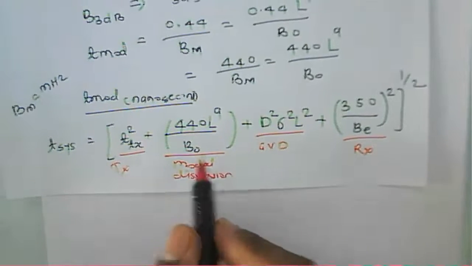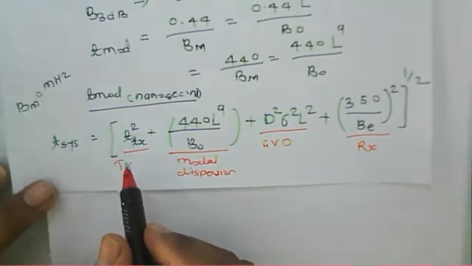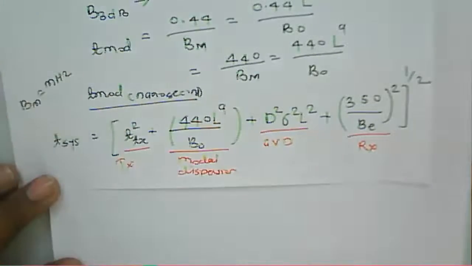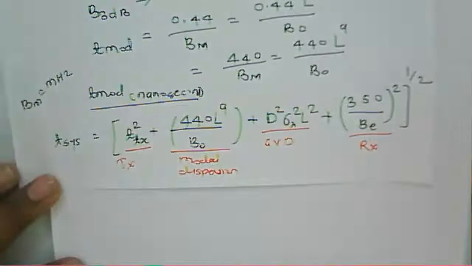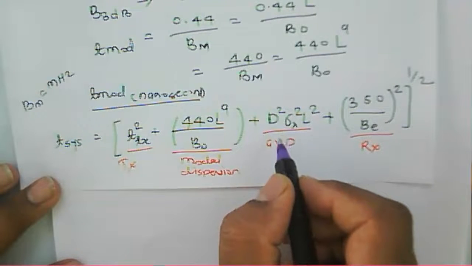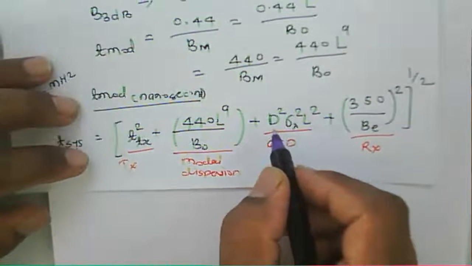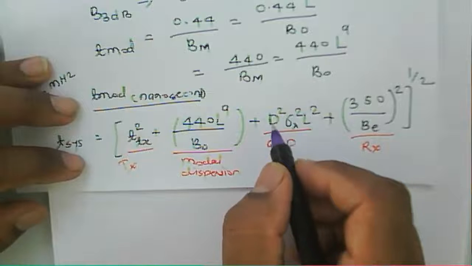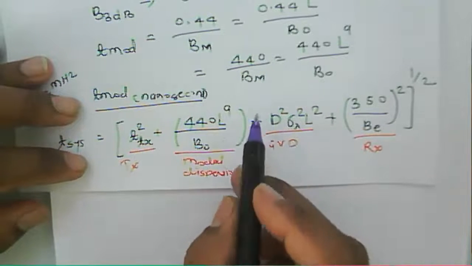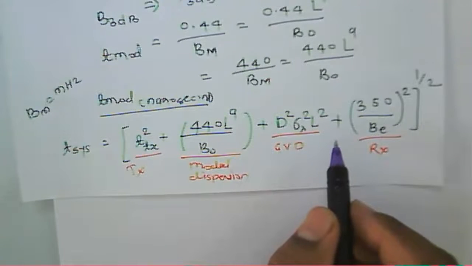All the times here are expressed in nanoseconds. This sigma lambda is the spectral width of the source, and D is the dispersion, expressed in nanoseconds per nanometer-kilometer. The electrical bandwidth we consider is in megahertz.